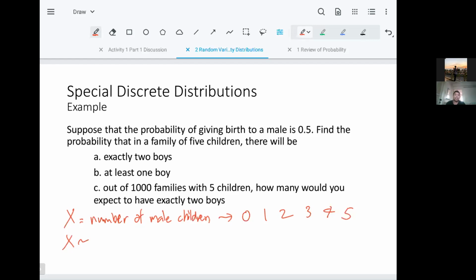Pag nakabunot na ako ng isang card, anong probability next na makuha ko si 4 of spades? 1 out of 51 na lang, kasi 51 cards na lang. So dependent trials yung mga yon. Eto, anong probability na lalaki yung magiging anak kapag lalaki yung unang anak? Same lang, di ba? Doesn't affect each other. Independent trials sila. Binomial to.